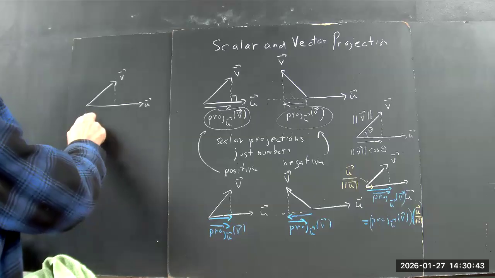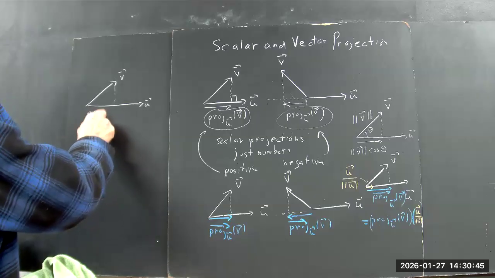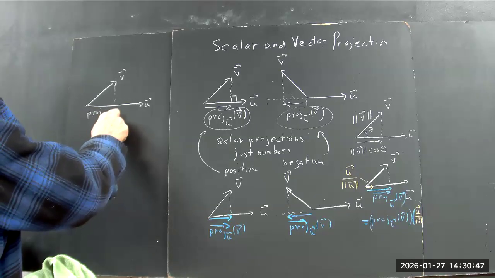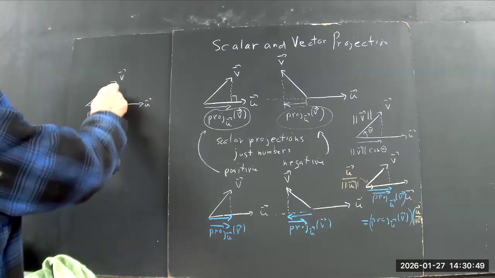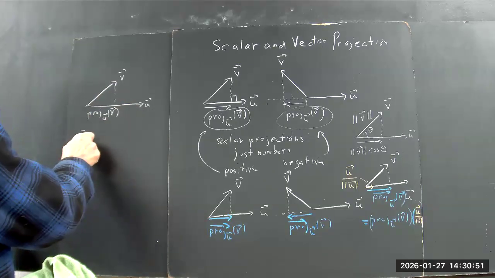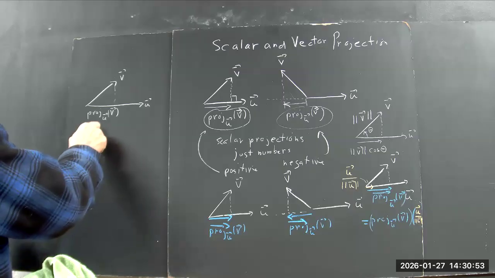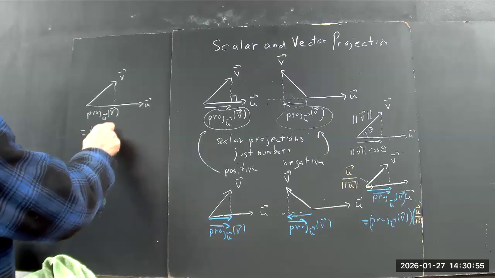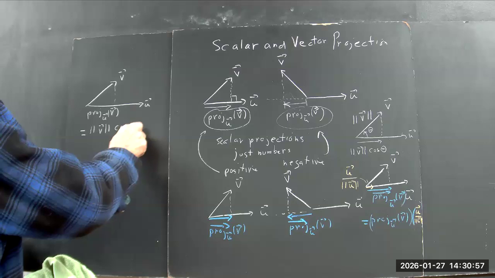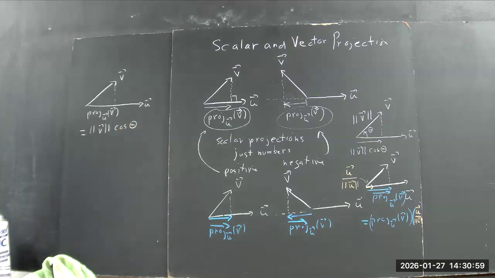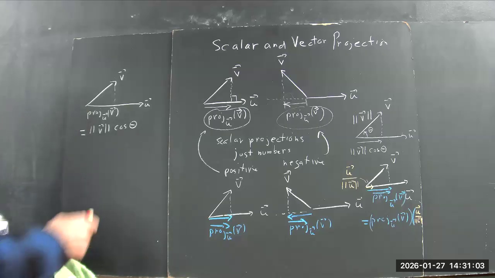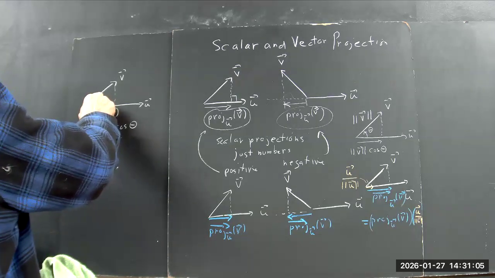So the scalar projection of V onto U equals magnitude of V cosine theta. It should be obvious. Your angle is theta.